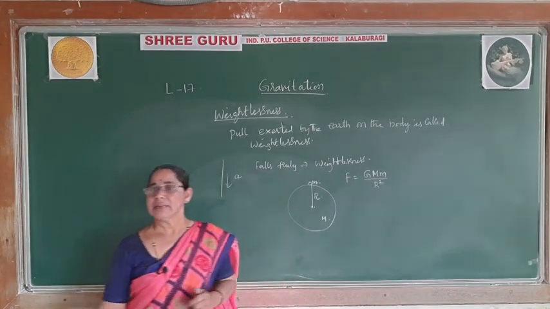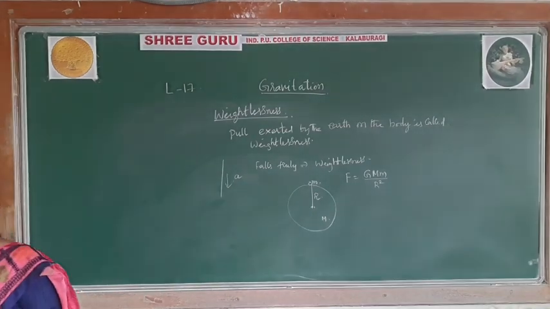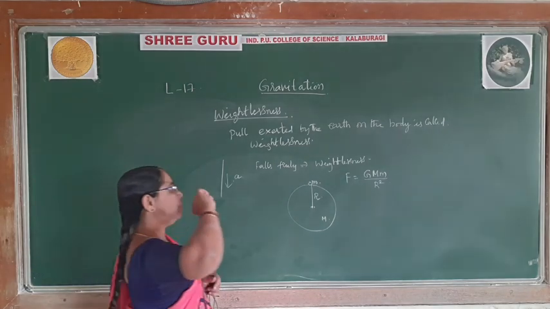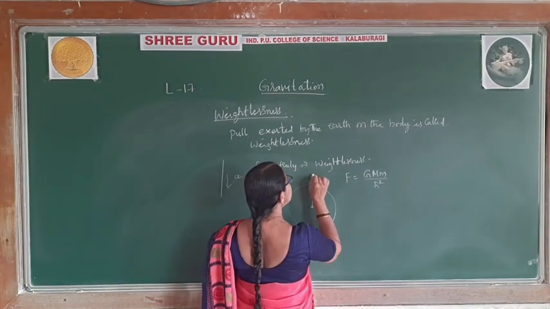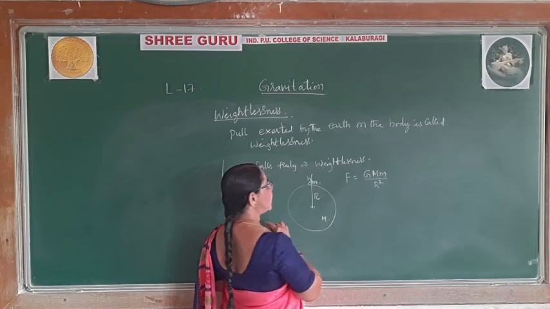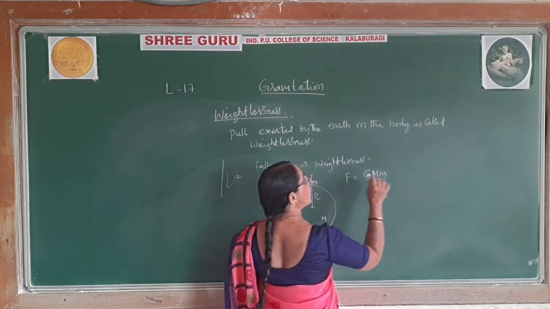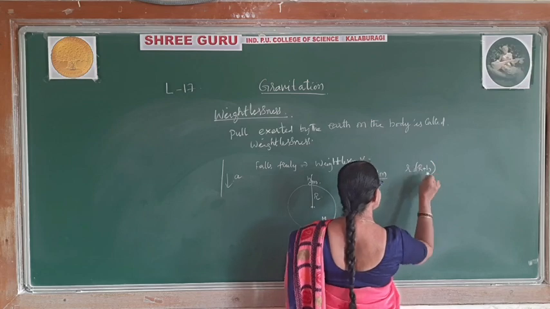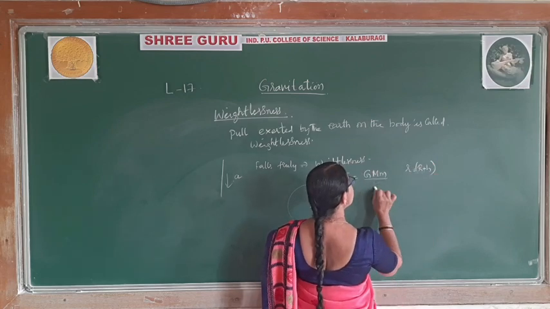This is the gravitational force of attraction acting on this. For example, if this satellite is at some height, at this position, we take this as h. At that time I take small r is equal to R plus h, and the condition as r square.